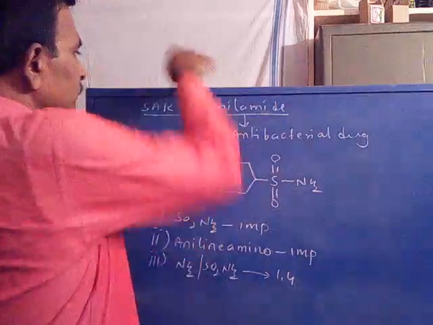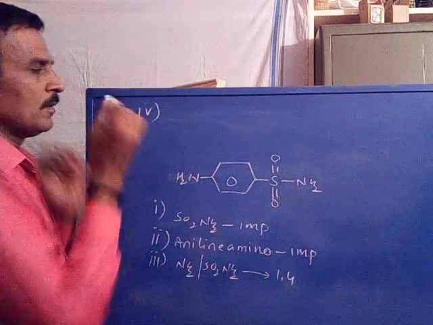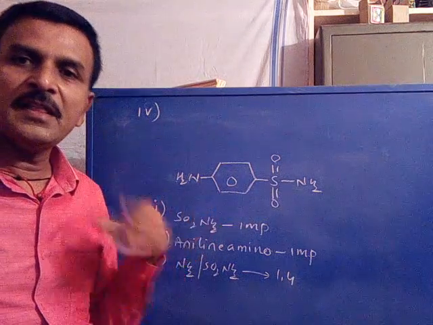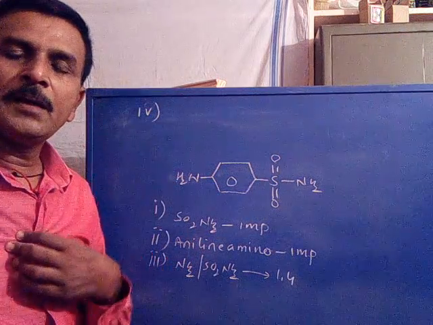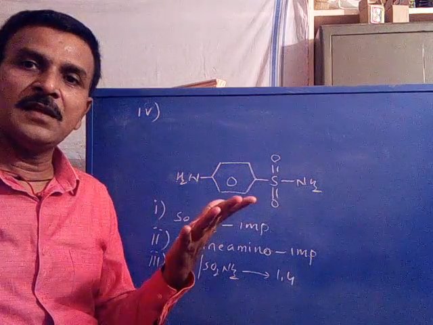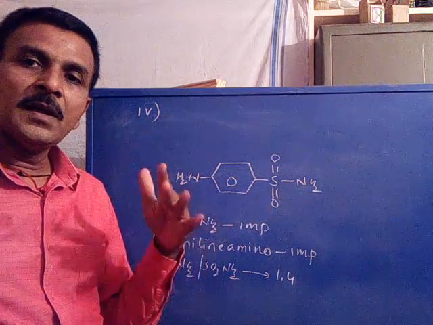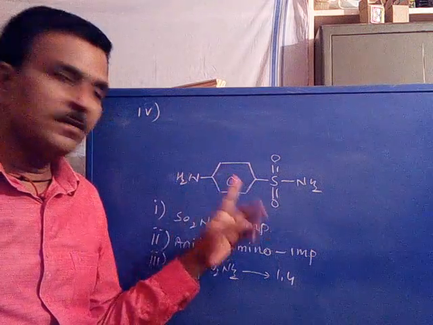Number 4. Fourth one, replacement of the benzene ring by another ring, which may be carbocyclic or heterocyclic, or substitution of benzene hydrogen. There are 4 hydrogens.